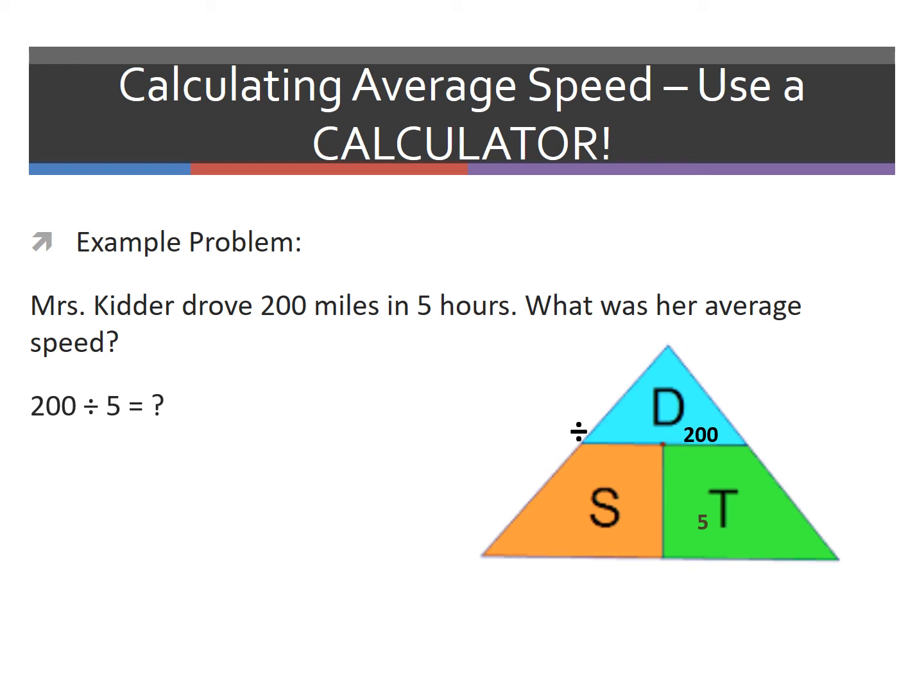Speed is distance divided by time, so I divide 200 by 5, and you come up with 40. Where did I get miles from? I drove 200 miles, and the time unit was hours, so I drove 40 miles per hour.